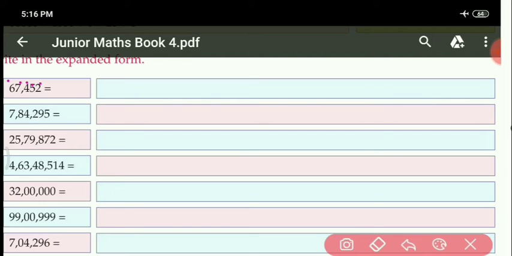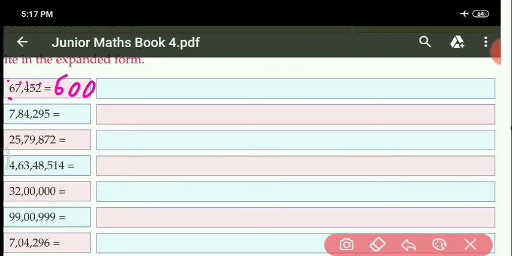In 10,000 how many 0s are there? 4 zeros. So start from 6 only. 6 is given at 10,000, so 6 into 10,000 will be 60,000 only.